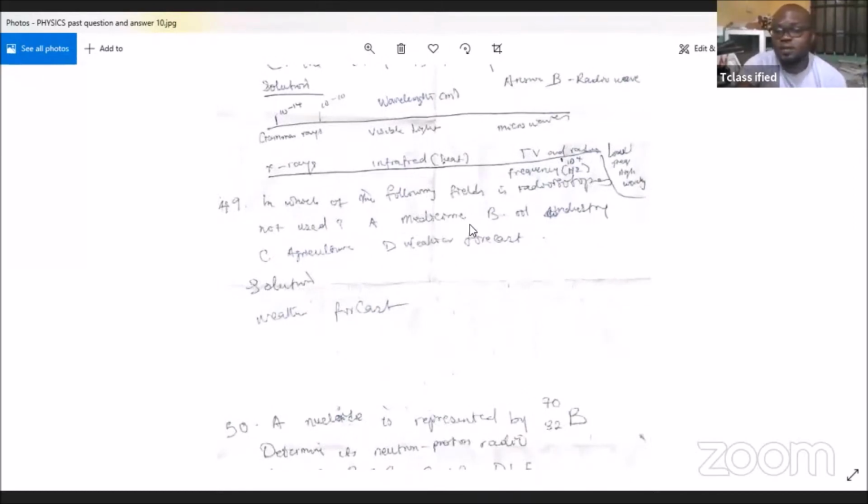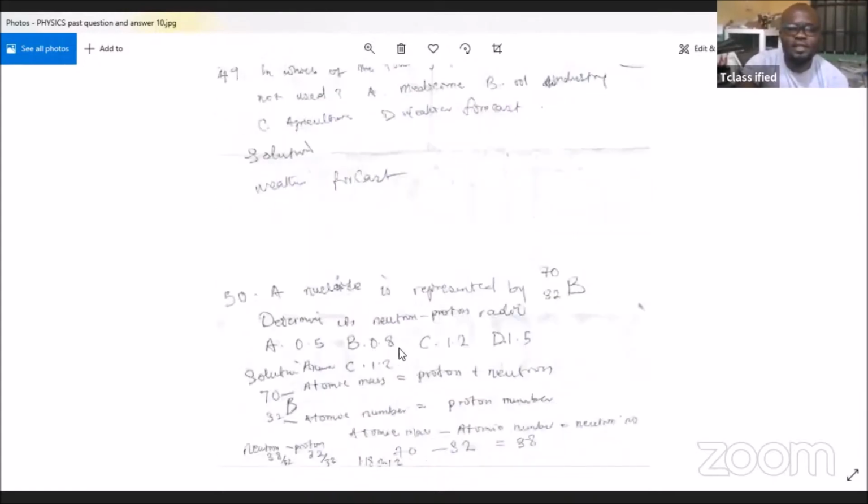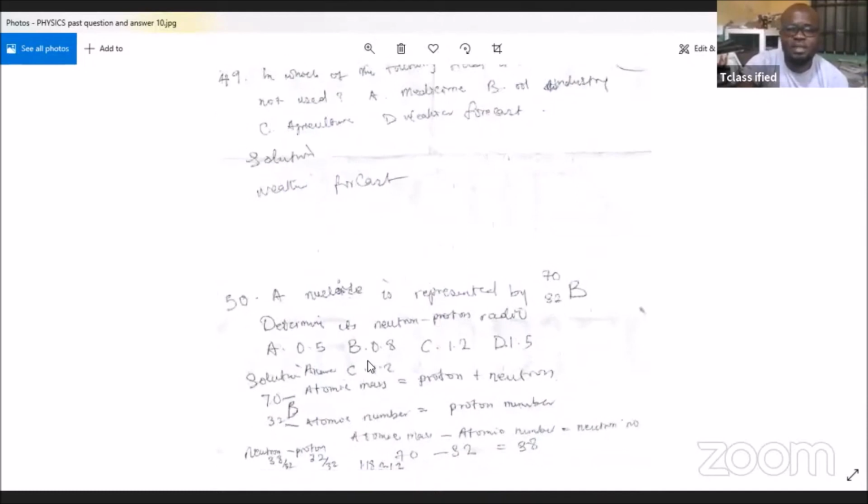Radioisotopes are used for medicine and agriculture, but not in weather forecast. They are also used in oil exploration, so weather forecast is the answer. Then finally 50, a nuclide is represented by this. Determine the neutron-proton ratio. So this is the atomic mass. Use it minus this one to get the neutron. Then find the least ratio.